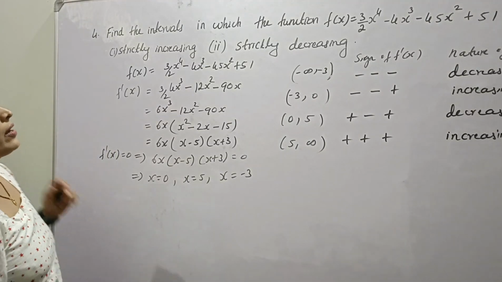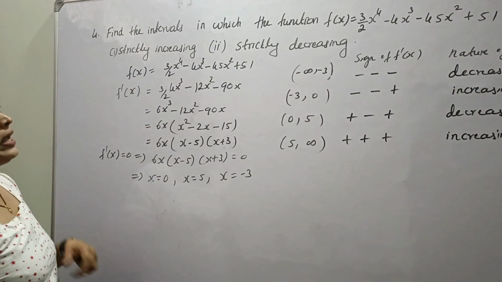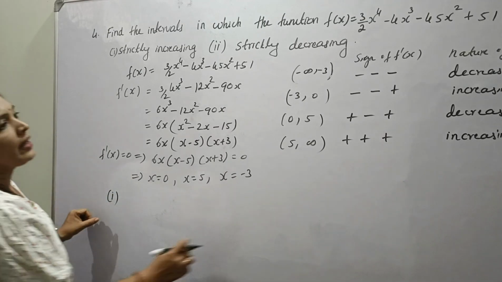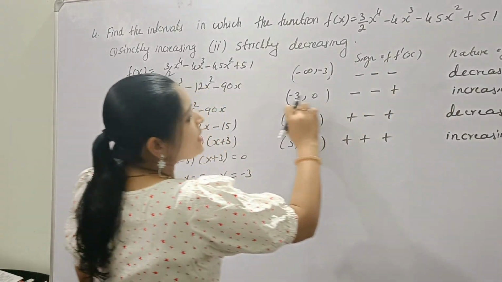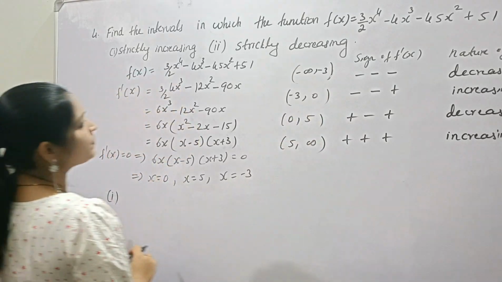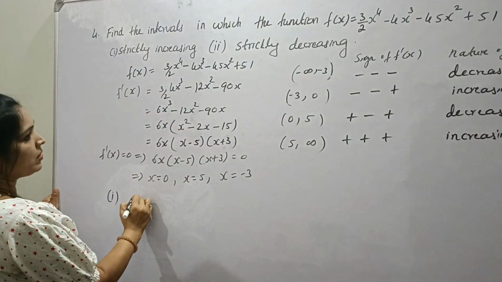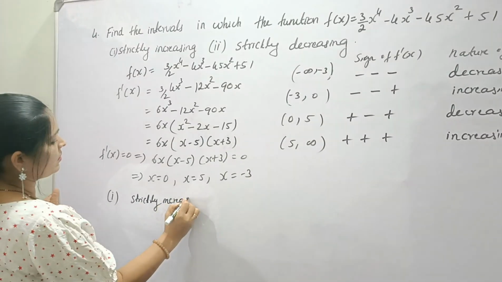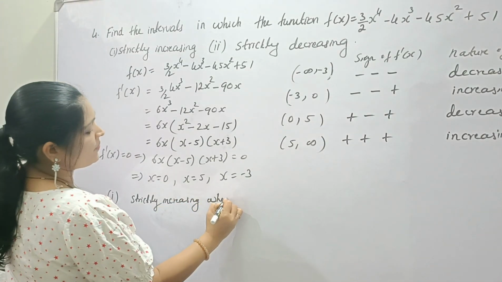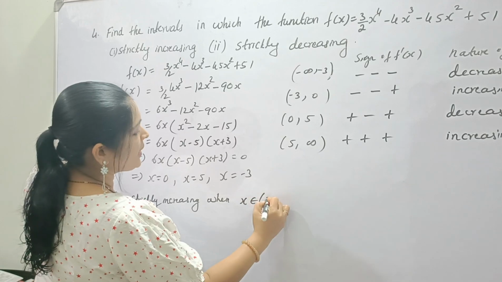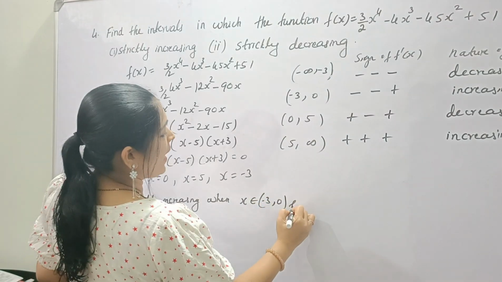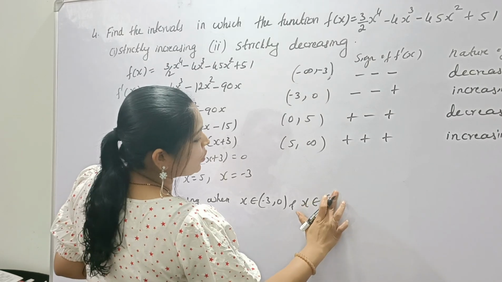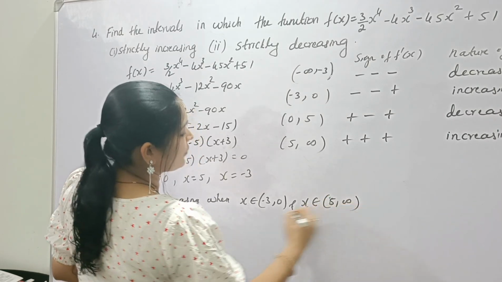So here we have to find the intervals in which the function is strictly increasing. First, strictly increasing when x belongs to minus 3 to 0 and x belongs to 5 to infinity.